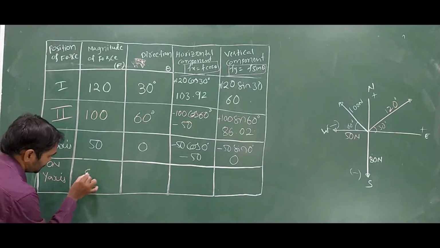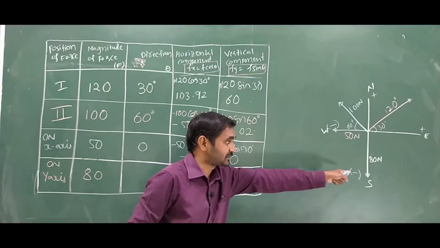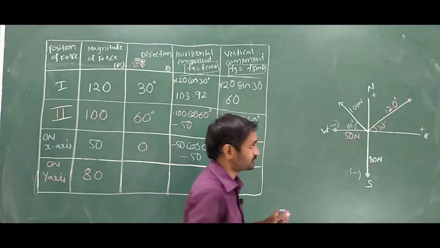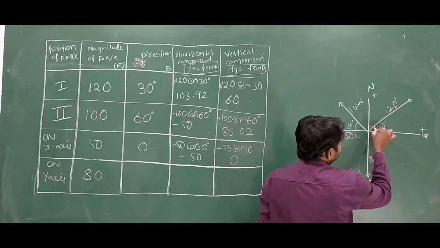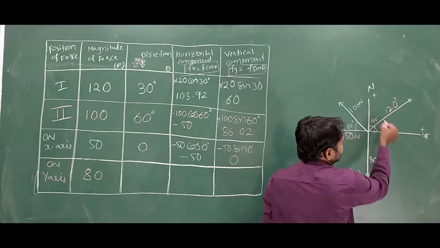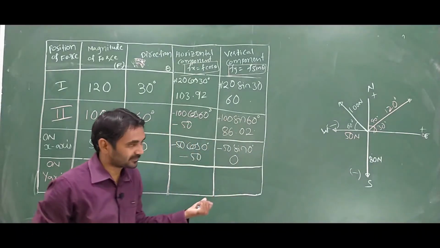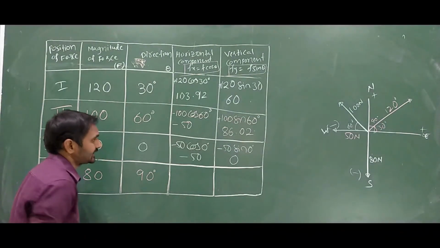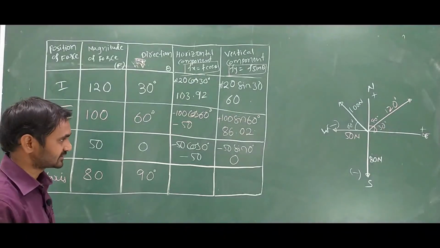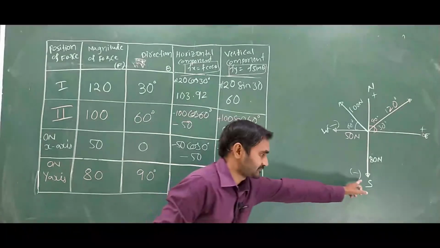So 80 newtons. Angle: people think that it is 0, but it is not 0, because 0 will start over here from 0 to like this 90 degrees. If you want to make an angle of the y axis, it will get 90. So the y axis will always be 90 degrees. Now on the x axis, obviously it is minus.